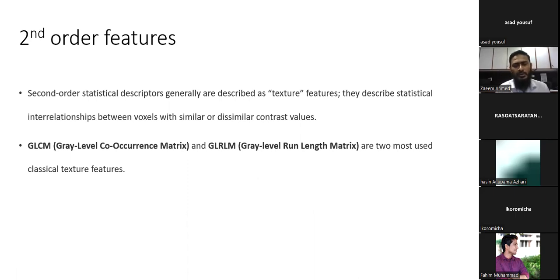So they incorporate both things. That's why we call them texture features. Examples of these second order features are the gray level co-occurrence matrix and the gray level run length matrix. I am just going to give some examples of how we calculate these two.